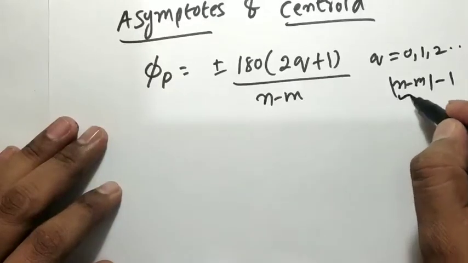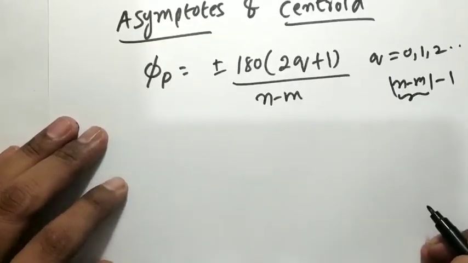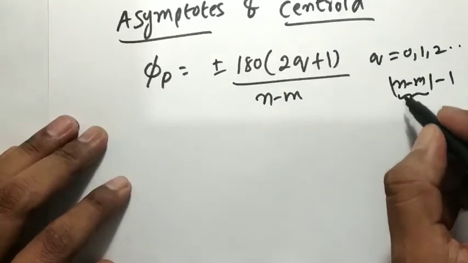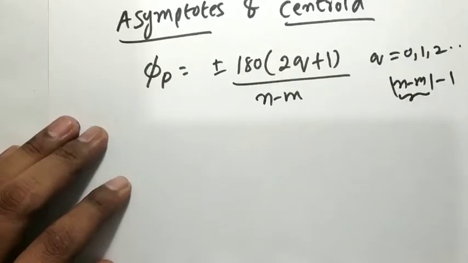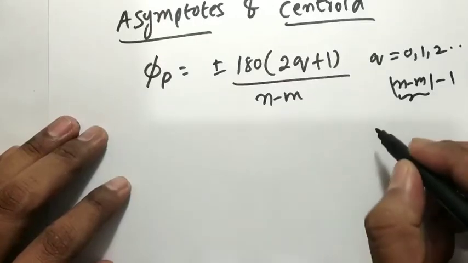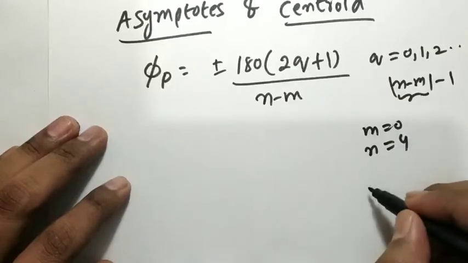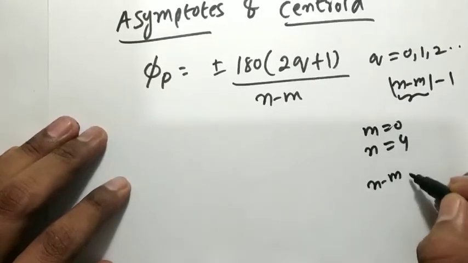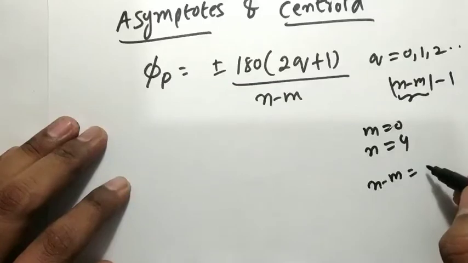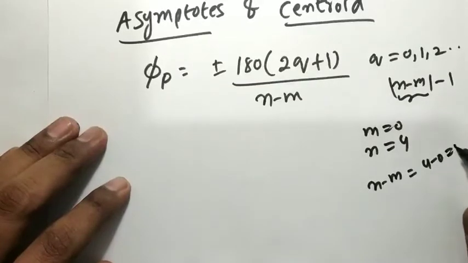So let's find n minus m. N means the number of poles, which is 4. M, the number of zeros, is 0. So n minus m is 4 minus 0, which is 4.